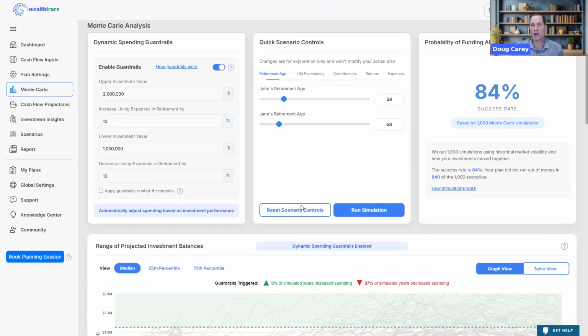Well, sort of. Guardrails sort of adjust that because you can say if my portfolio goes below a certain threshold, then you'll cut your spending. That would get rid of that little tiny failure that's not really a failure, right? Losing out by $1 in the last year of your plan isn't really going to mean much. So guardrails kind of adjust for that. It would get rid of that particular year of failure.